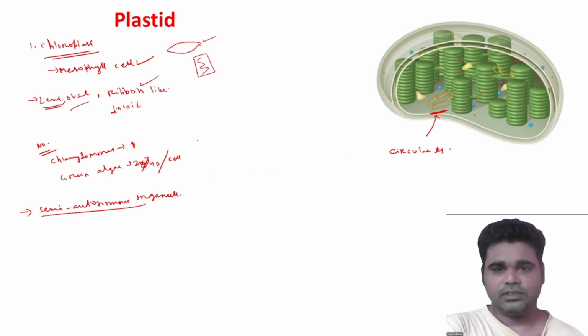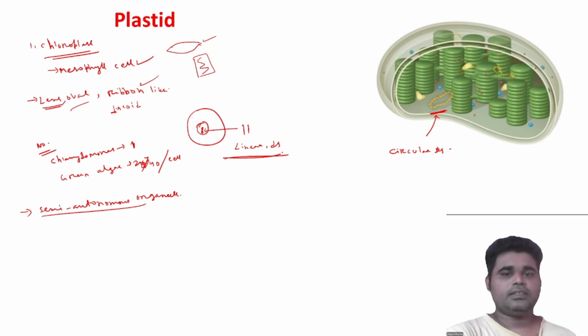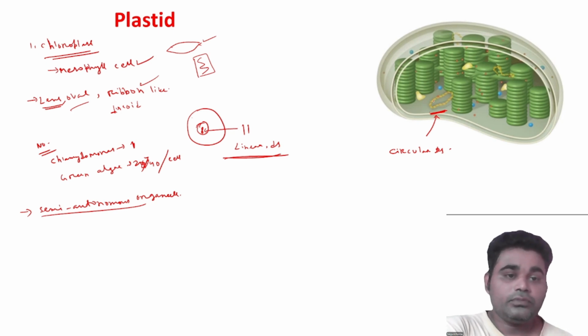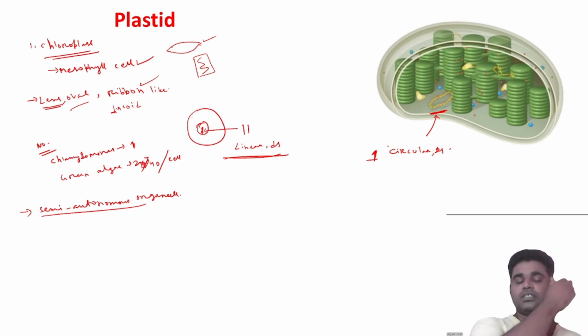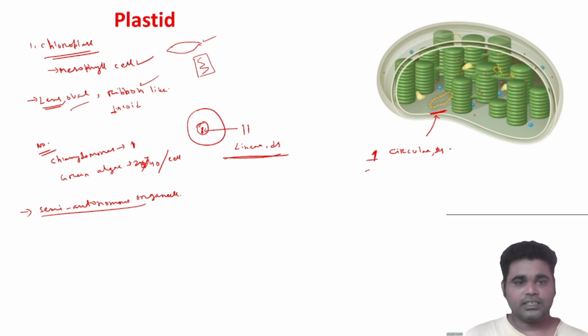In the nucleus, the chromosome is linear and double stranded, while the DNA present in the chloroplast is double stranded but circular, and single. That means one circular double stranded DNA is present, like in the mitochondria, which also contains a single circular double stranded DNA.